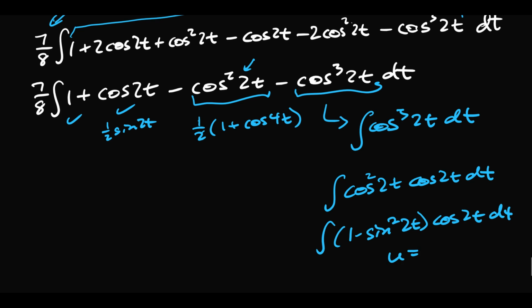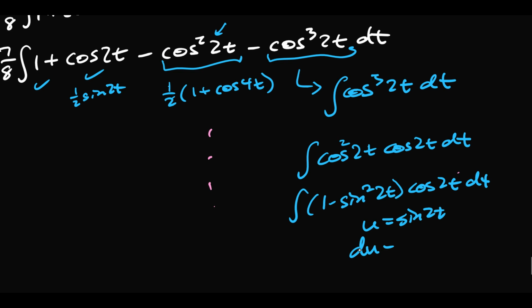You'll set u equals sine of 2t, and then du will be 2 cosine of 2t dt, so 1/2 du is cosine of 2t dt.